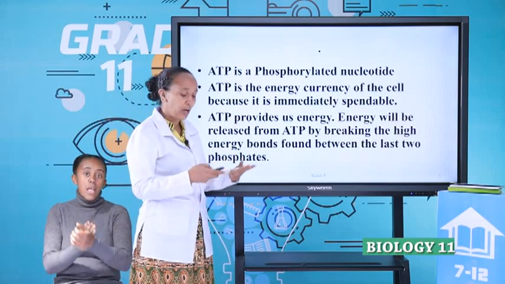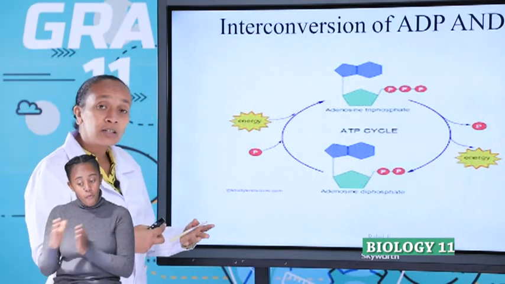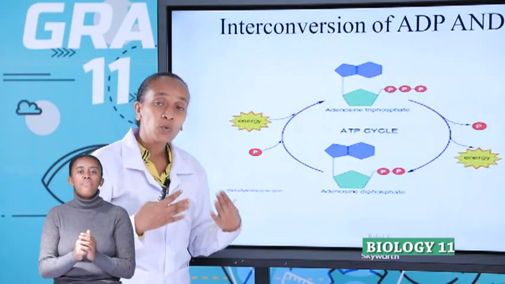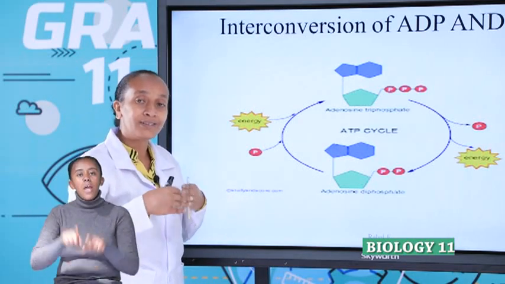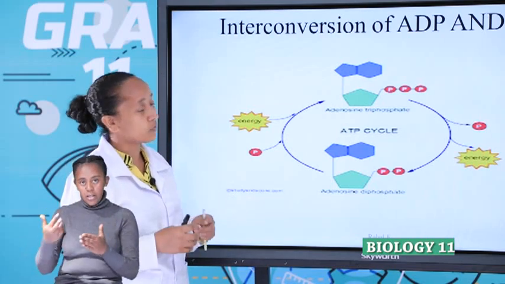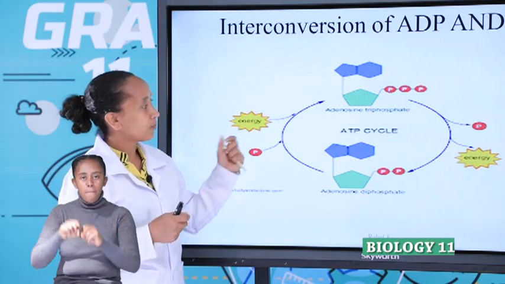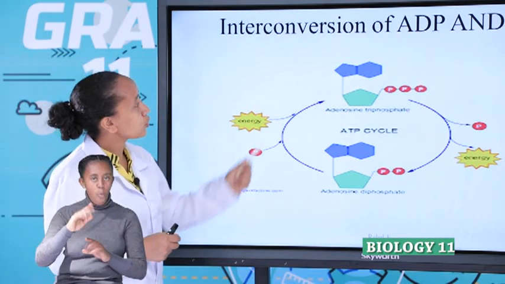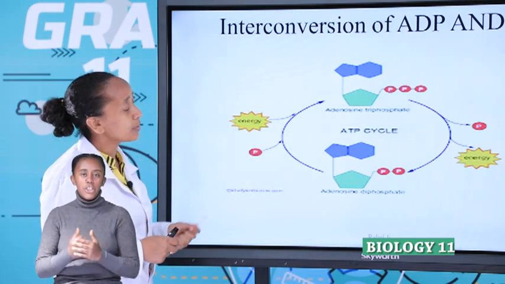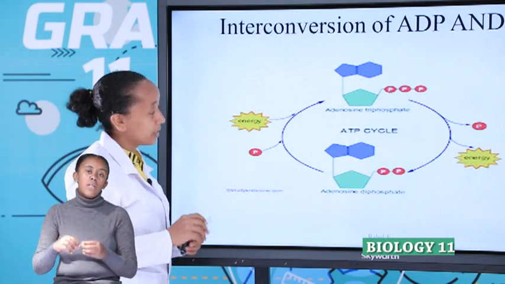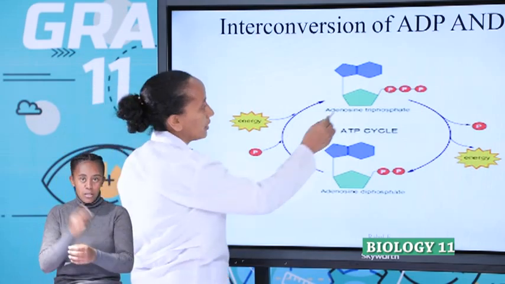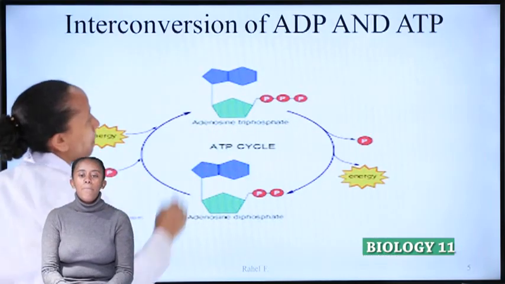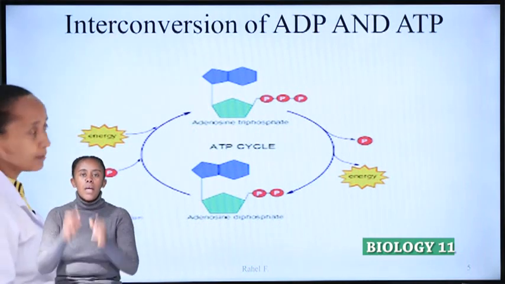So ATP provides us energy. This energy is obtained when the last phosphate group detaches, or breaks from the ATP molecule, and releases energy. Here it shows how ATP releases energy for cells. As you see here, this is the structure of ATP.